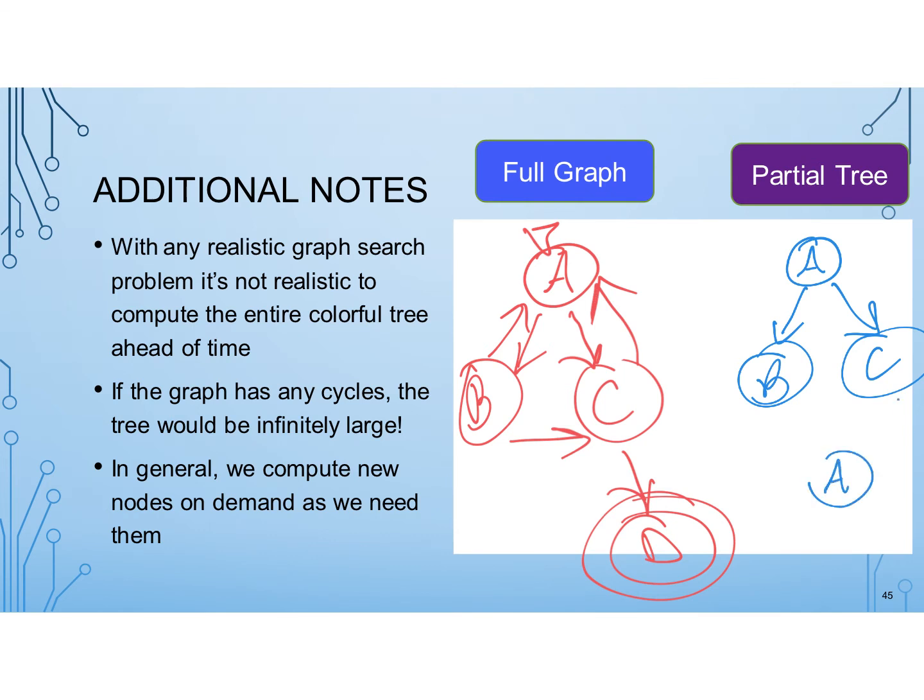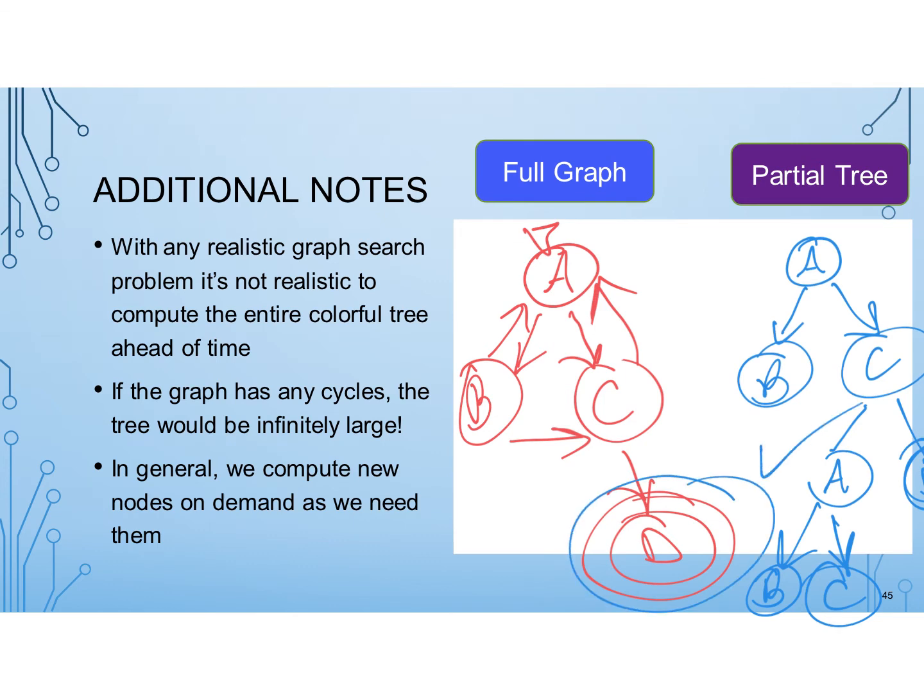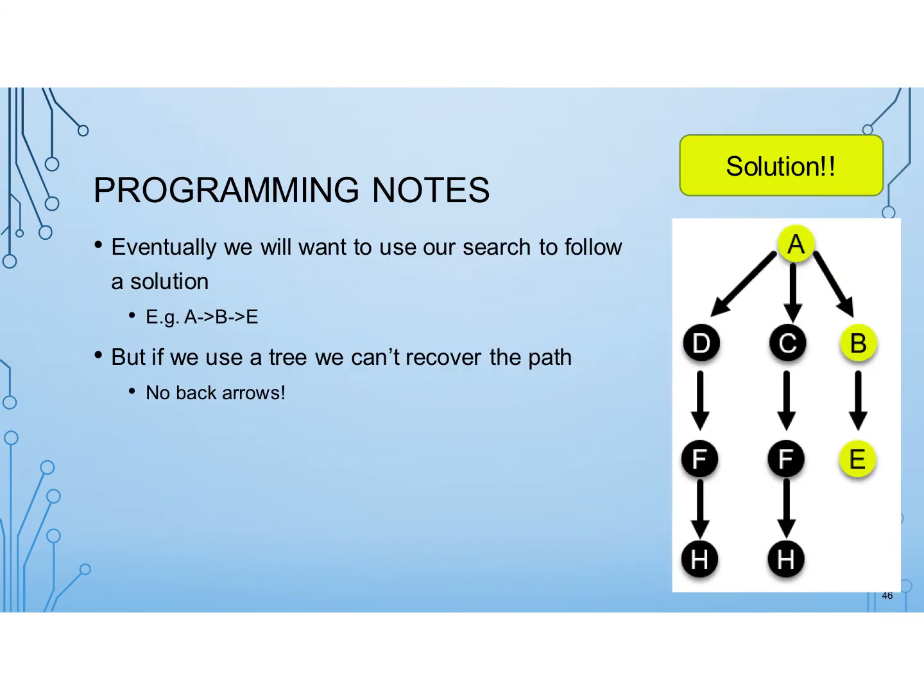I might get A and D, and then maybe I'm expanding A next for some reason. So I get B and C, but then I'm lucky, I'm not doing just plain old depth first search, and I say, all right, let's do D. Oh wait, D's a goal, woohoo! And so we're done. So that's all great when you're trying to do this on paper.